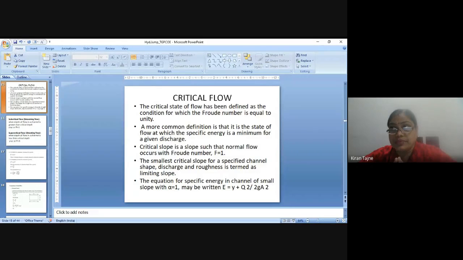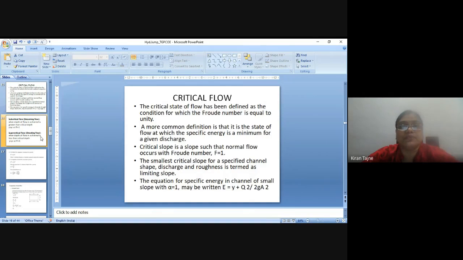Since discharge is equal to velocity into area, v is equal to Q by A, so E is equal to y plus Q square divided by 2gA square.